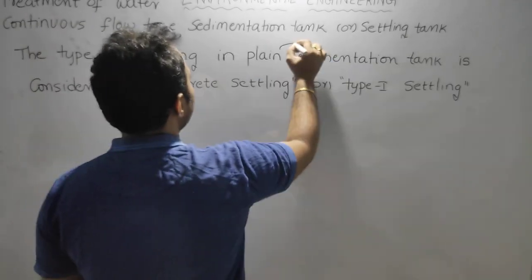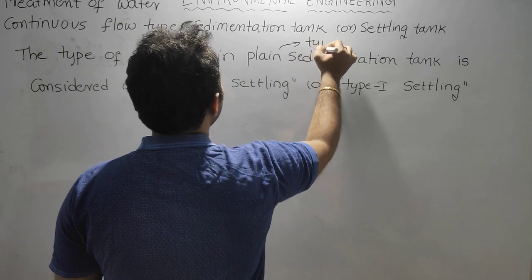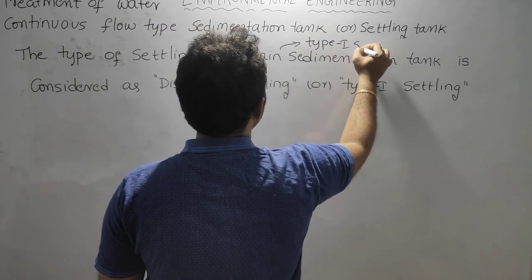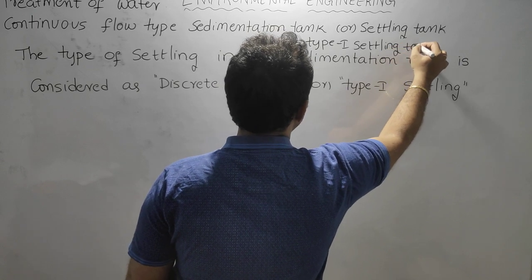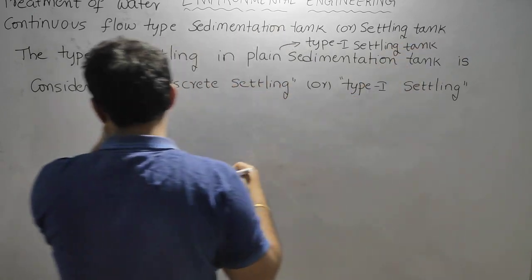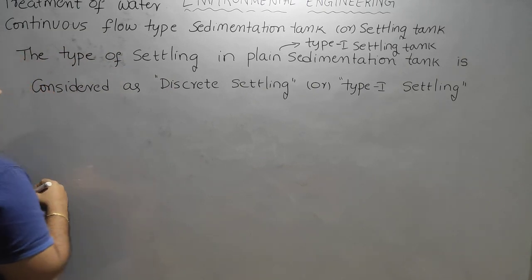So the plain sedimentation tank is also called a type 1 settling tank.